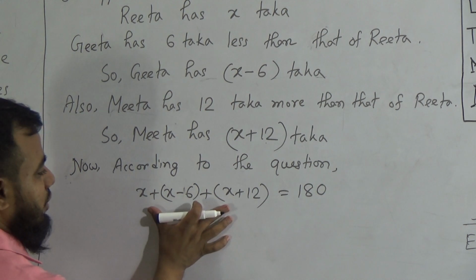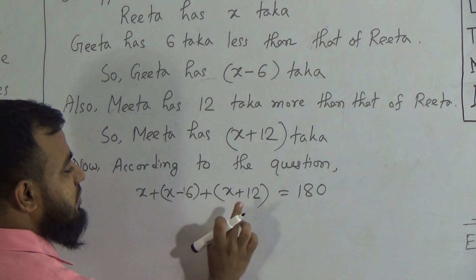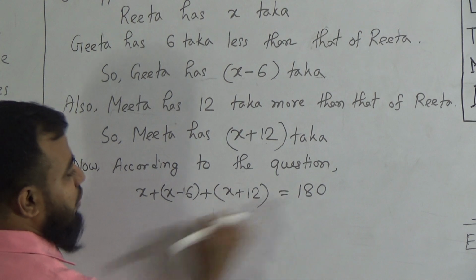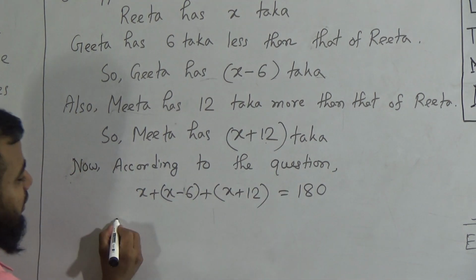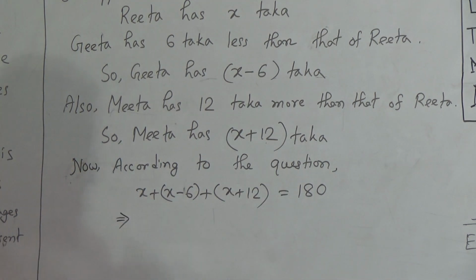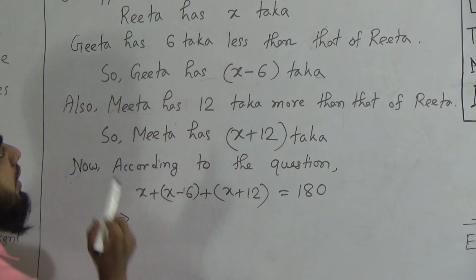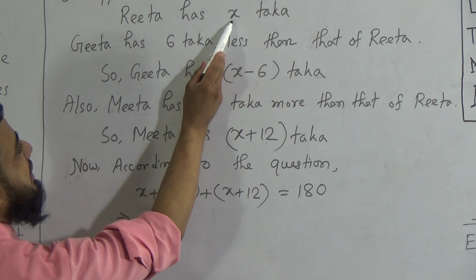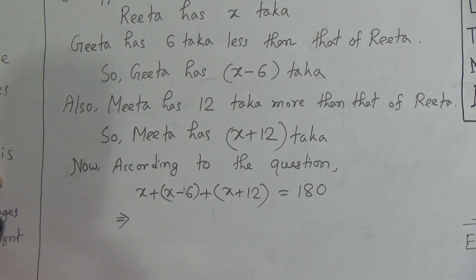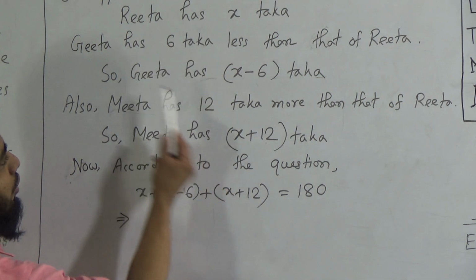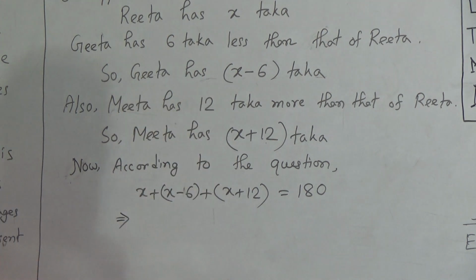So altogether we will add these 3 amounts of money, then we will get 180 according to the question. Now we will solve this equation and find out the value of x. If we find out the value of x, that means we will find out the amount Rita has. Then from these we can find out how much Geeta has and Mita has.